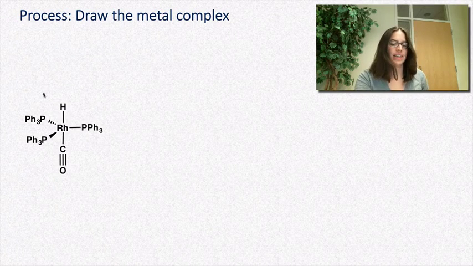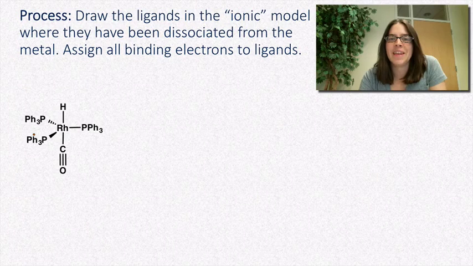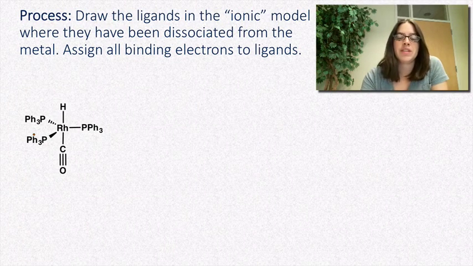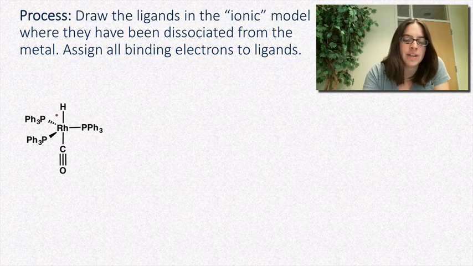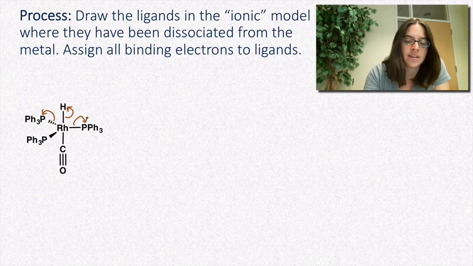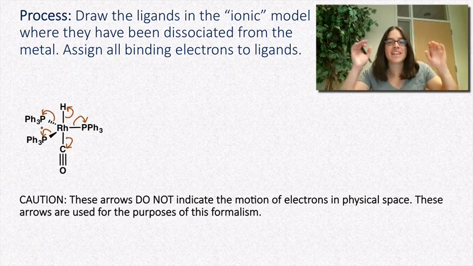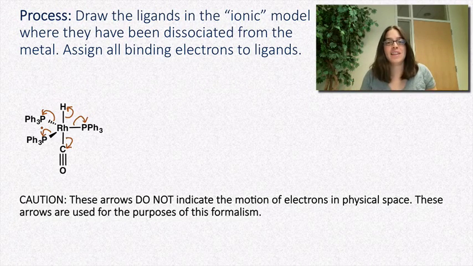And I've already taken care of that here with this rhodium complex. At this point, using the oxidation method, we want to draw the ligands in an ionic model, where they've been dissociated from the metal. What does that mean? It means basically taking the electrons in each bond and formally assigning them to the ligand they're associated with, like so. Be forewarned, these arrows do not indicate the motion of electrons in physical space.